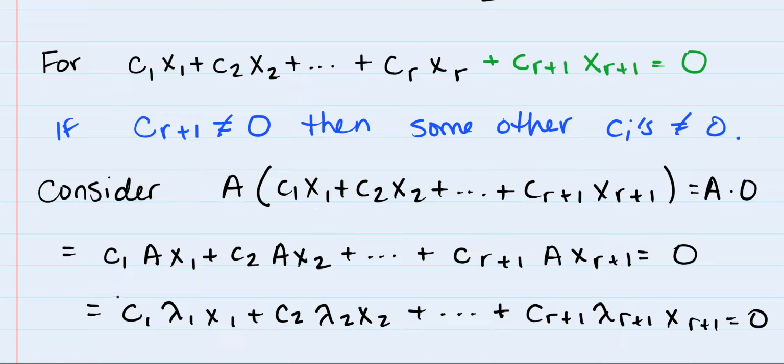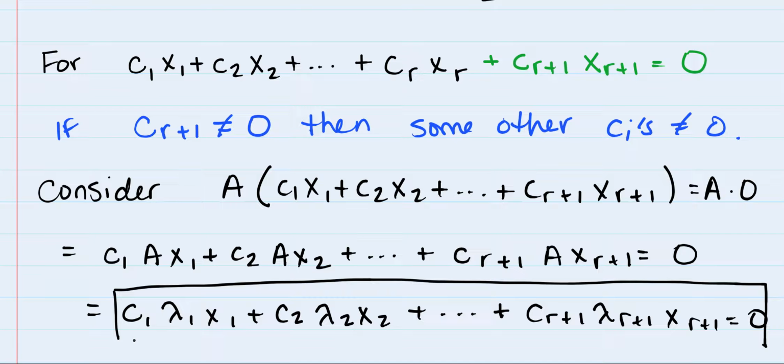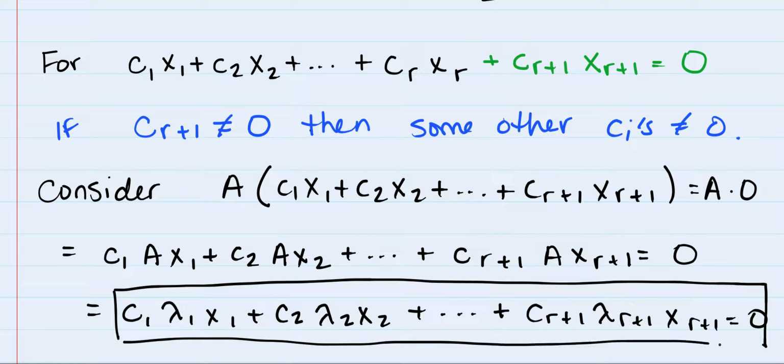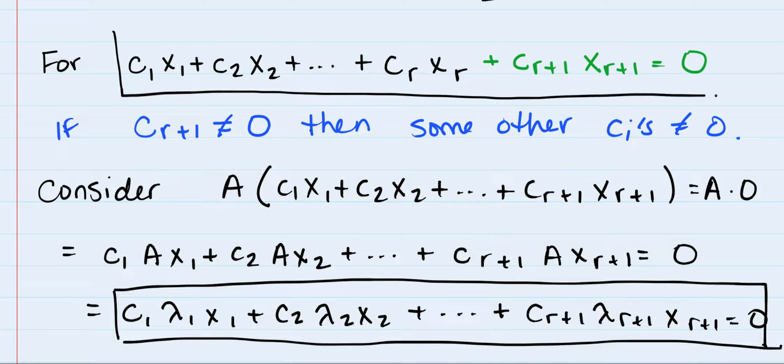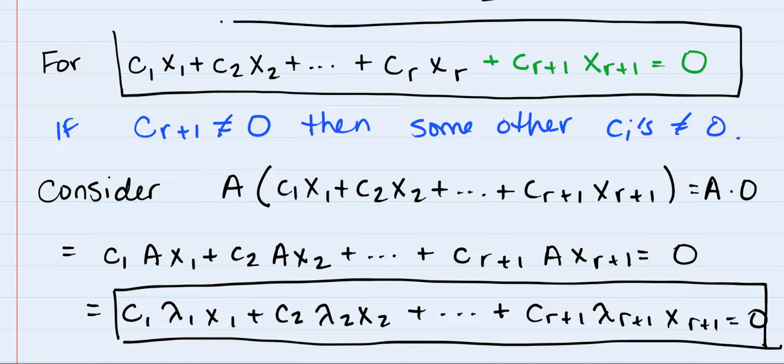Now I'm going to keep this statement in mind, and remember that I had this statement as well. I'm going to multiply this statement by lambda r plus 1. So I'm going to get c1 lambda r plus 1 x1, c2 lambda r plus 1 x2, all the way to cr plus 1 lambda r plus 1 xr plus 1 is equal to 0.